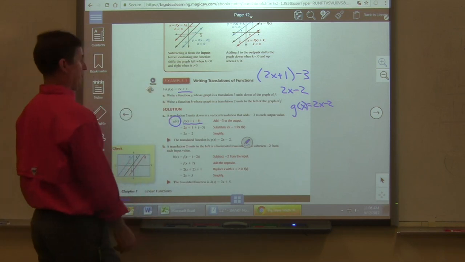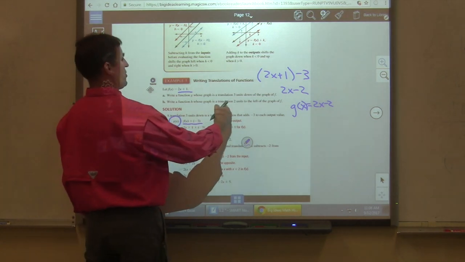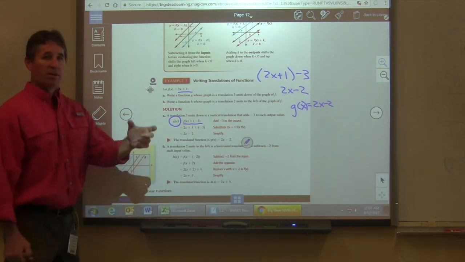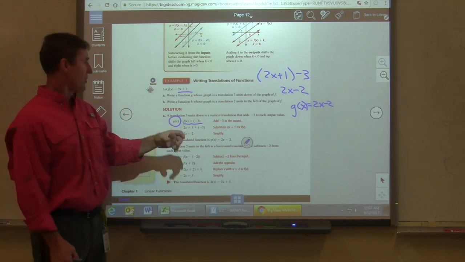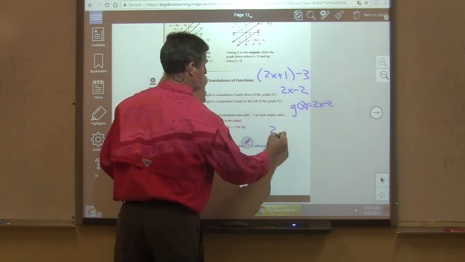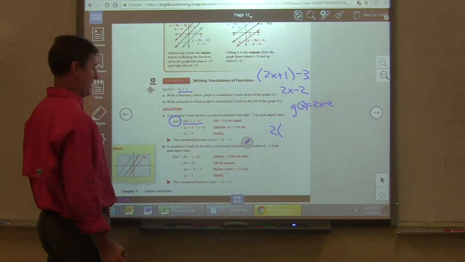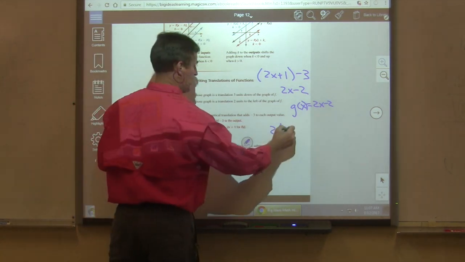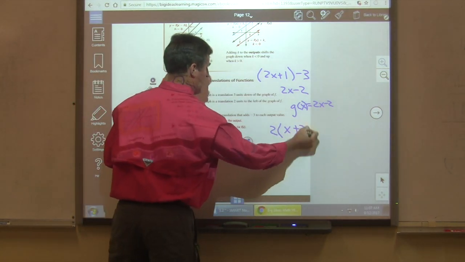So the second one says write a function h whose translation is 2 units to the left. Well, remember, 2 units to the left, that's horizontal, so that affects just the x. So we go 2, affects just the x. So now it's to the left, but remember it's opposite what it says when we write it. So that would be x plus 2.